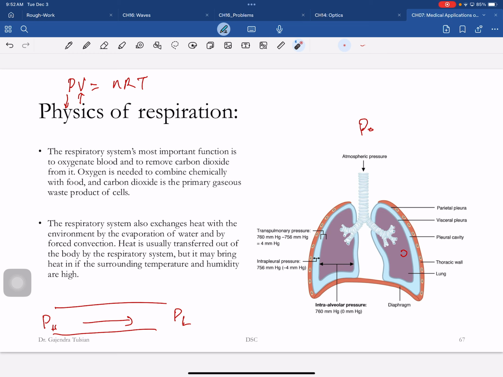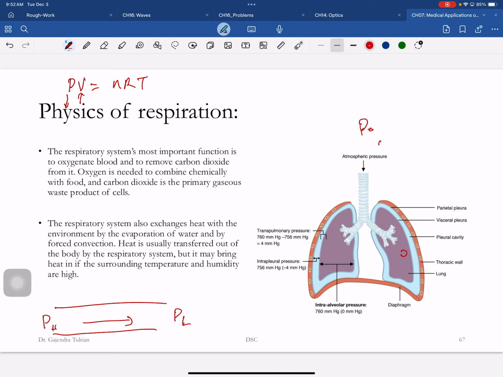Now let's say there's no motion of air. Let's start with that situation. There's no motion of air, so the pressure here is equal to the pressure here. Look at this: the intrapleural pressure is minus 4 millimeters of mercury. Now we'll talk about gauge pressure.